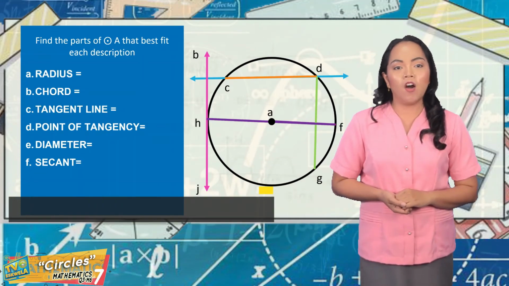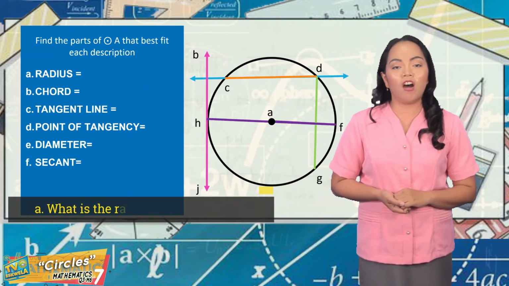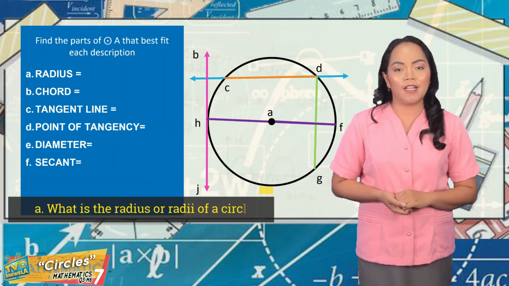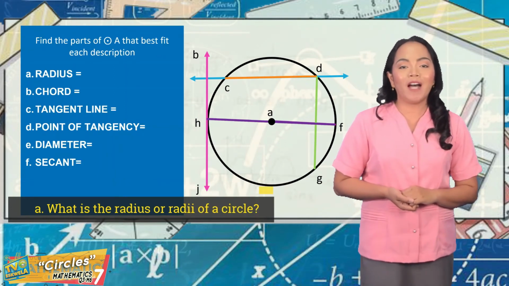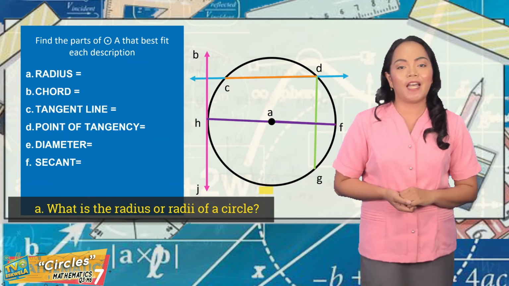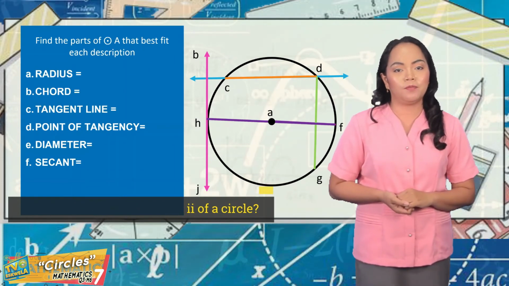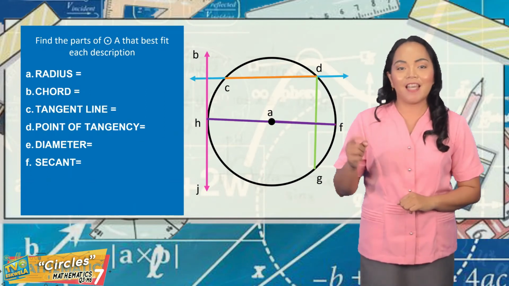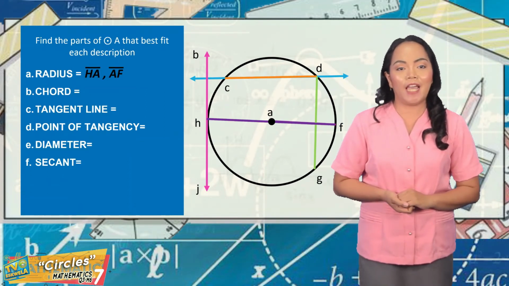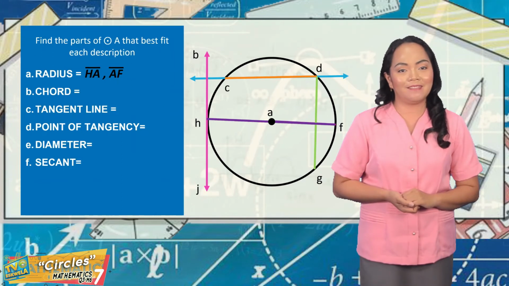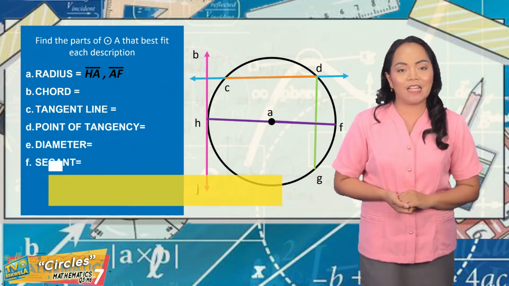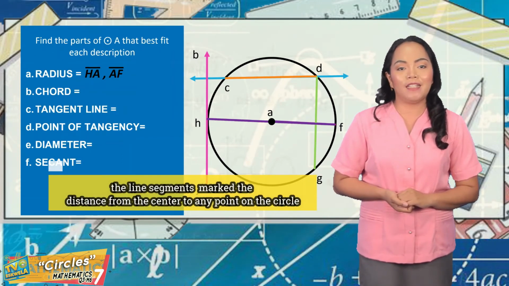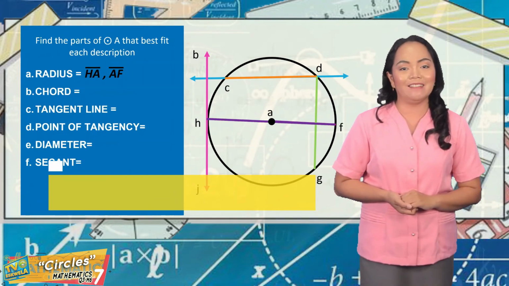Letter A. What is the radius or radii of a circle? Correct! Line segments HA and AF, since the line segments mark the distance from the center to any point on the circle.